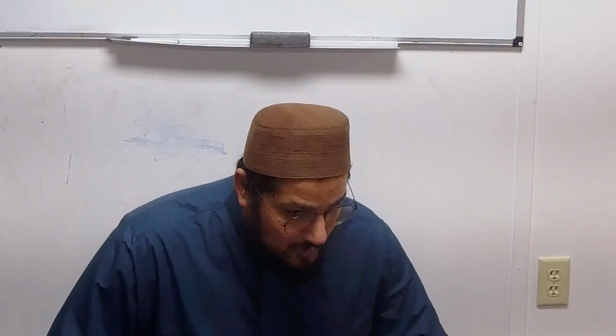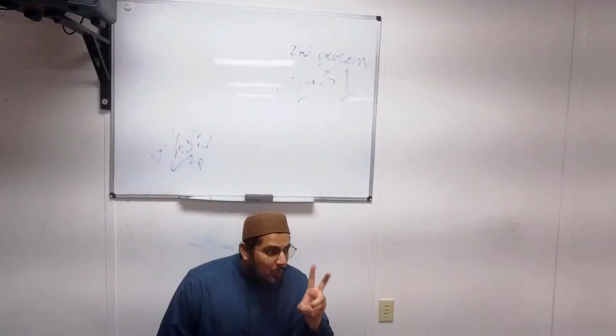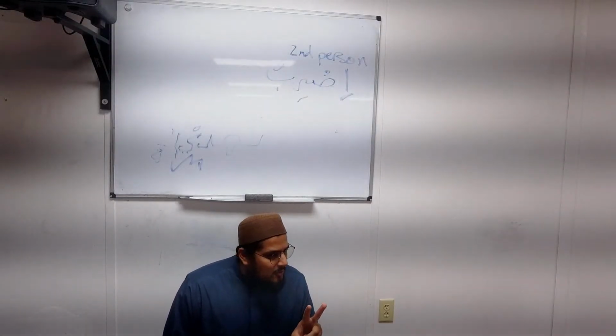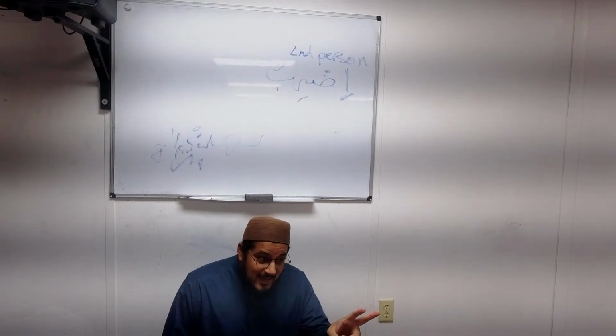When we move from singular to duals in Arabic, like the word muslimani, which means two Muslims, what's telling us that this word is dual? It's not the long vowel, it's the alif noon, the kasra at the end.